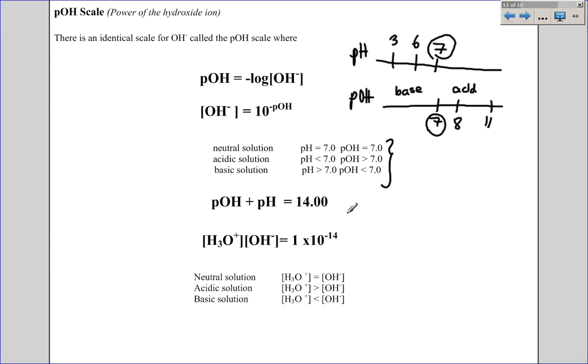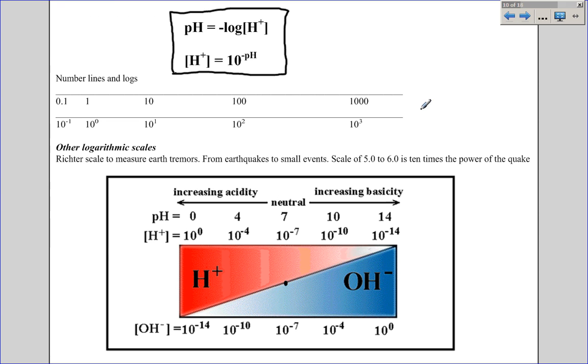Now from this, we can derive another relationship, which is that the concentration of H3O plus times the concentration of OH minus is always equal to 1 times 10 to the negative 14. Let's look back at this chart in order to help us to see that.